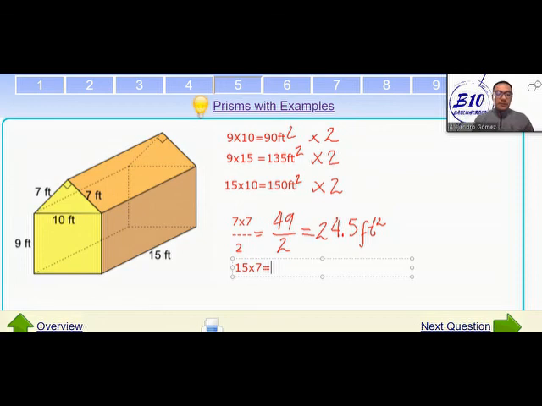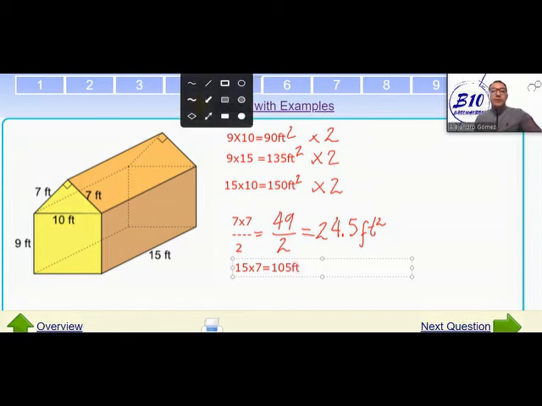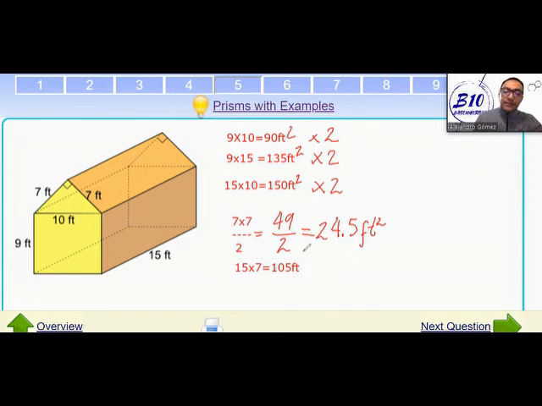So 105, exactly. So 105 what? A square feet. Everything is a square because it is area. We are talking about surface area, so keep it in mind.